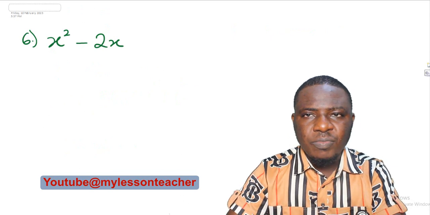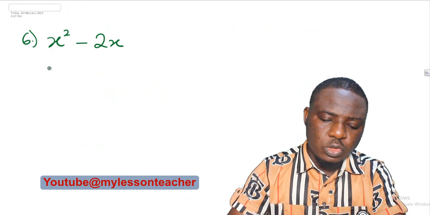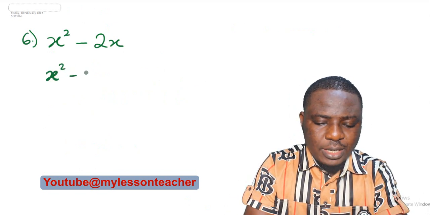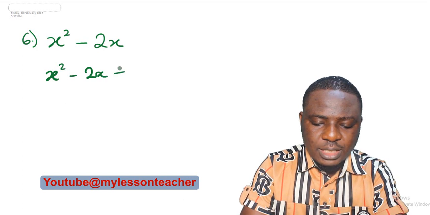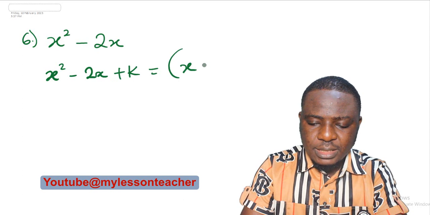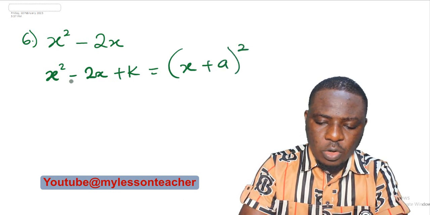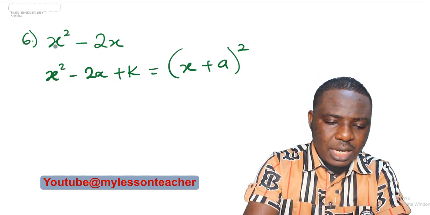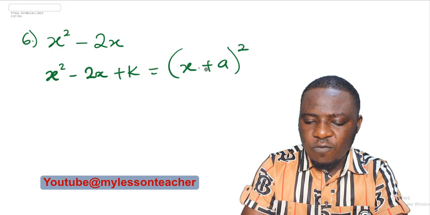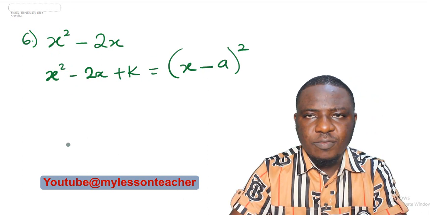Question 6. x squared minus 2x. We are using method 2, so let that term be k. This becomes x squared minus 2x plus k equal to x plus a all squared. Okay, x minus a, because the middle term is negative. Once the middle term is negative, your factor is going to be negative.